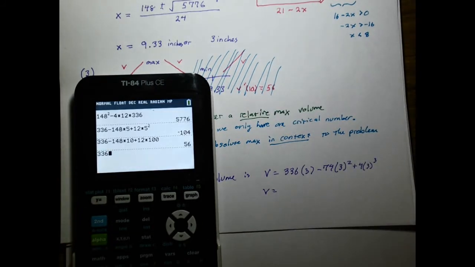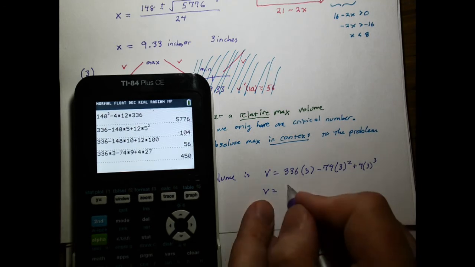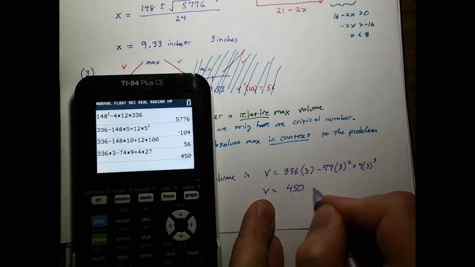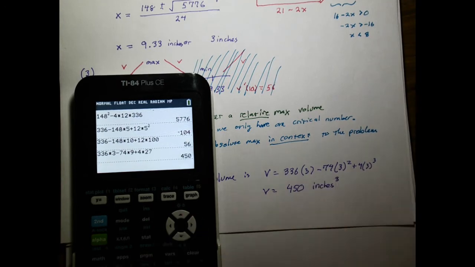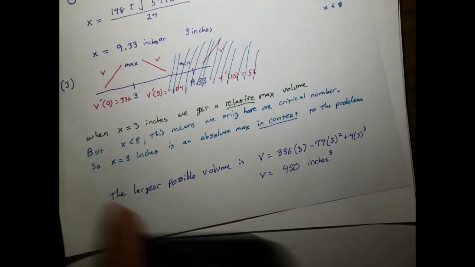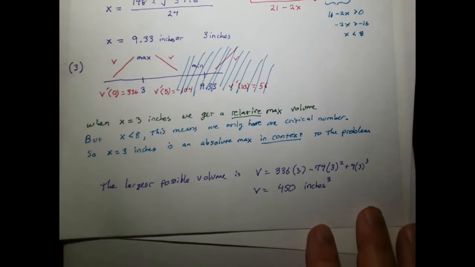So 336 times 3 minus 74 times 9 plus 4 times 27, which is 3 cubed. So 450 cubic inches will be our maximum volume.